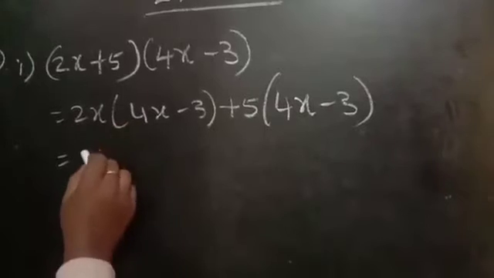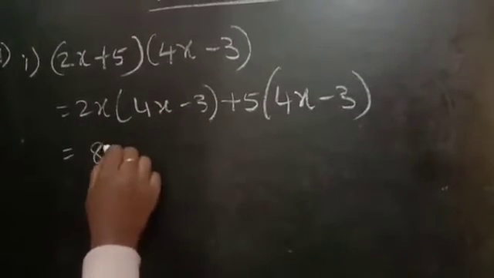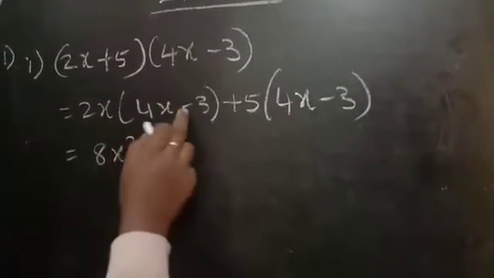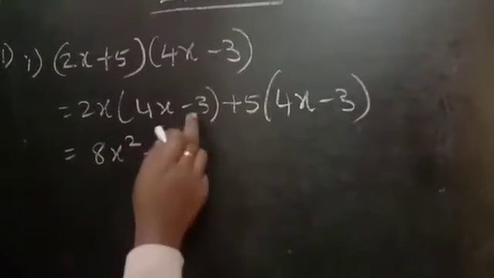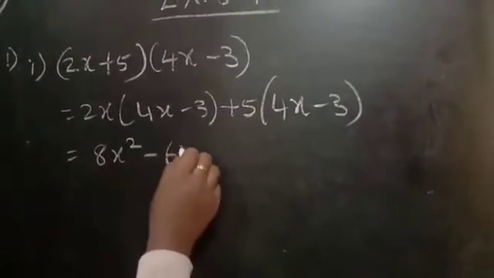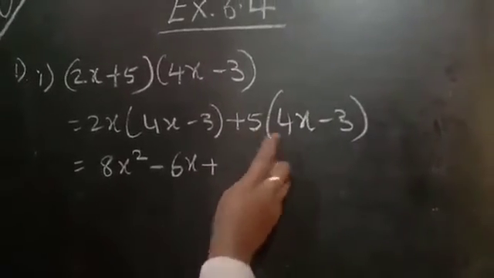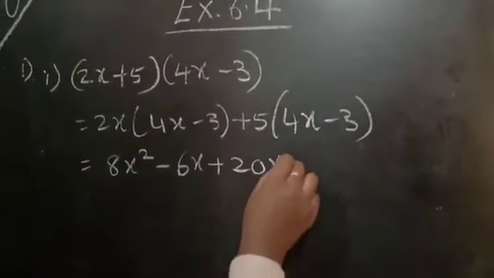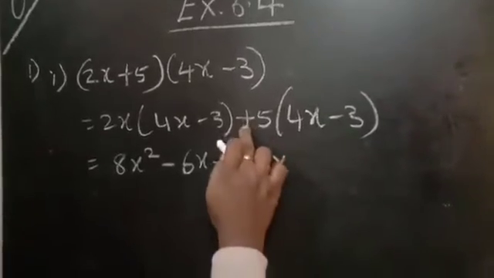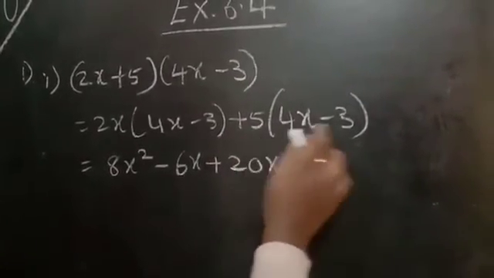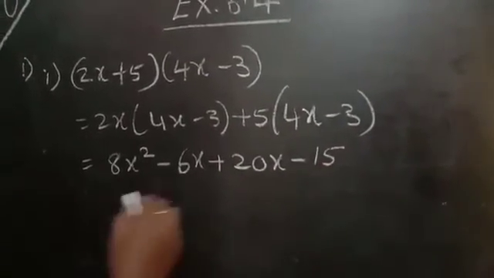2 4s are 8, x into x, x square; plus into minus, minus, 2 3s are 6 into x, x; plus into plus, plus, 5 4s are 20 into x is x only; plus into minus, minus, 5 3s are 15.